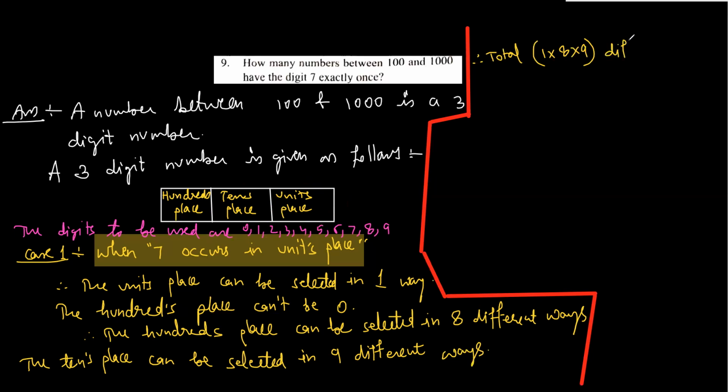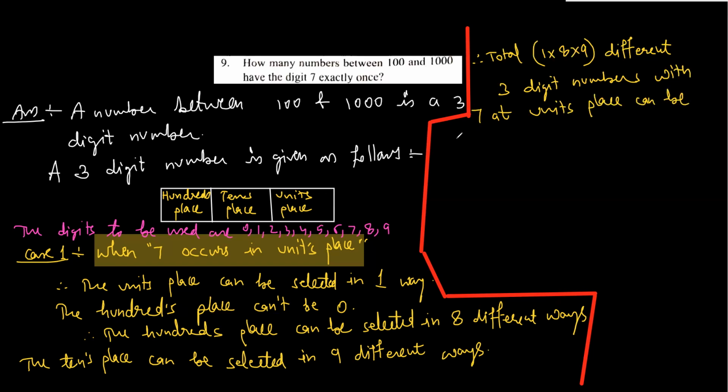different three-digit numbers with 7 at units place can be made.